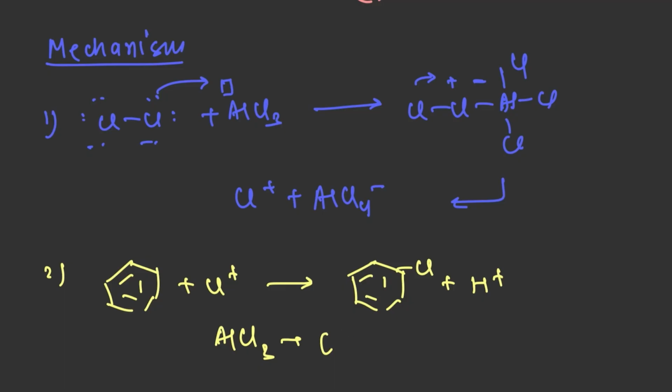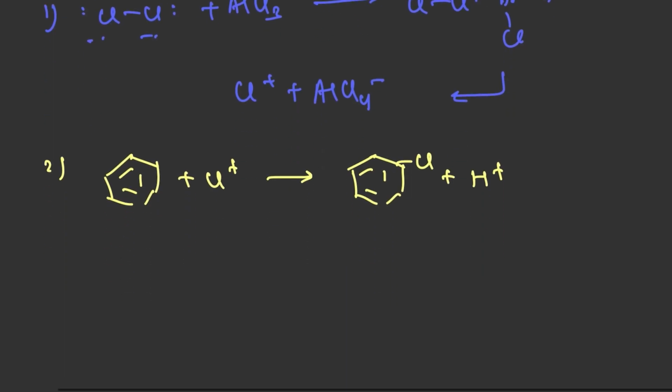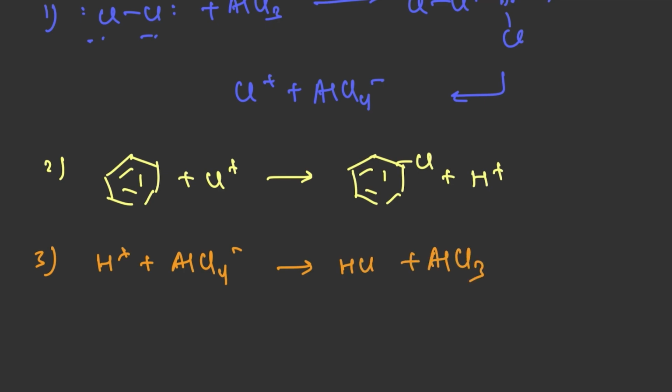Because after this step, H plus will react with AlCl4 minus, which will form HCl plus AlCl3. Now here finally we get AlCl3 back. So AlCl3 is acting as a catalyst.